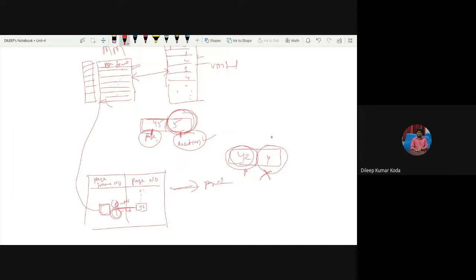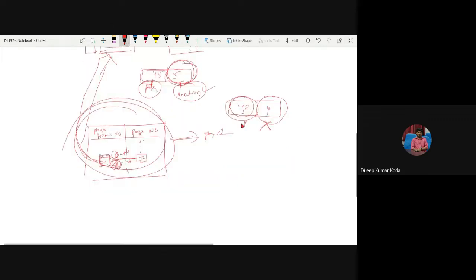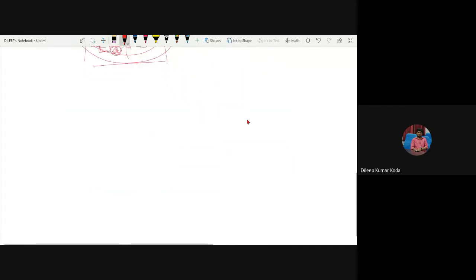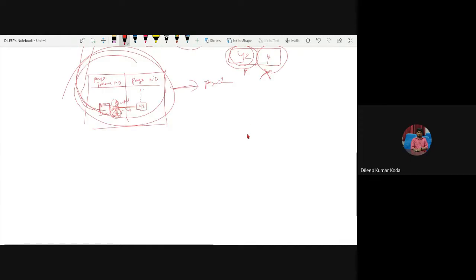So if there is a value 1, that means hit. That means the page frame is holding some page information. So this will tell you where this page is stored in the page frame. So this is all about your page table. Guys, please try to understand this.